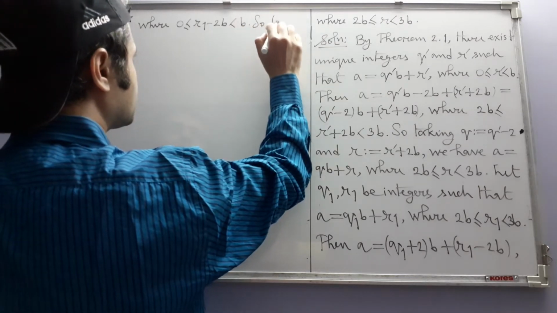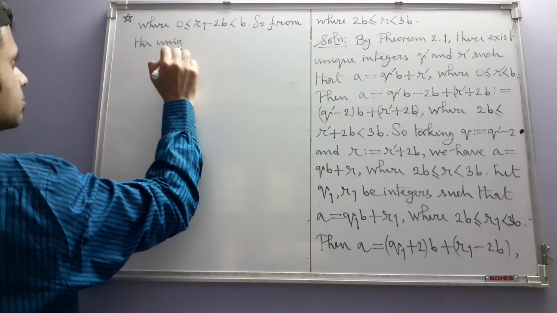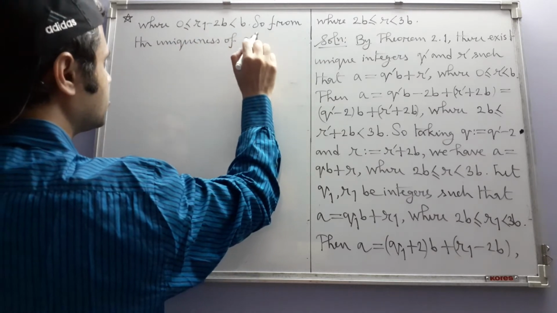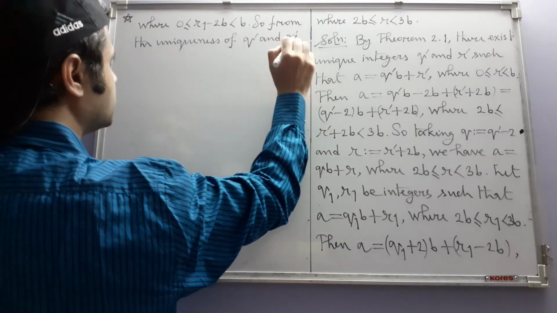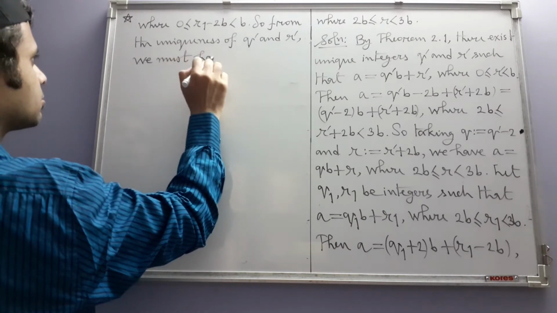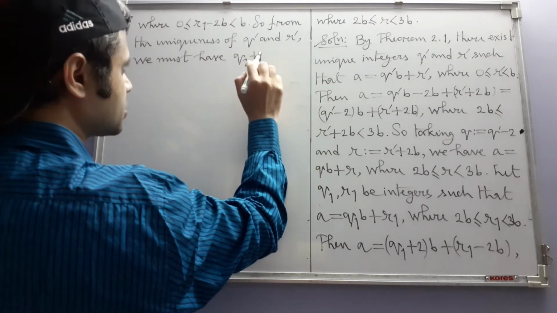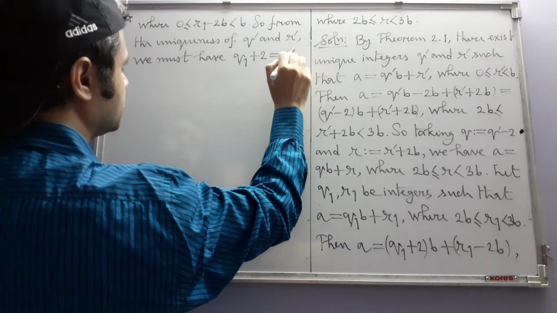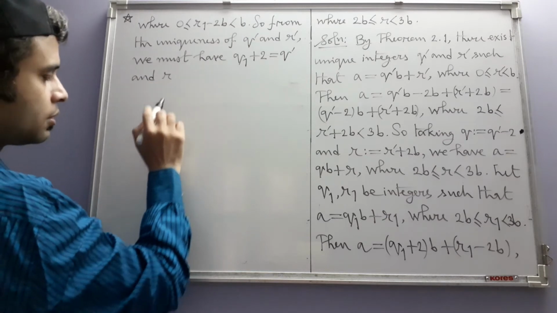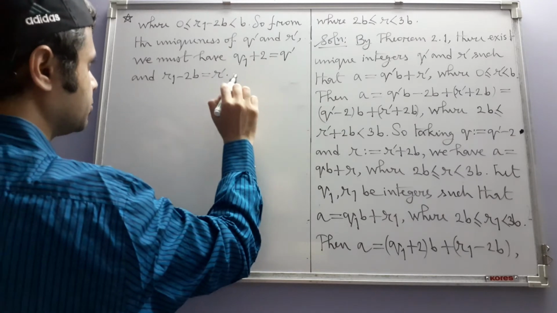So from the uniqueness of q prime and r prime, we must have q1 plus 2 equal to q prime and r1 minus 2b equal to r prime.